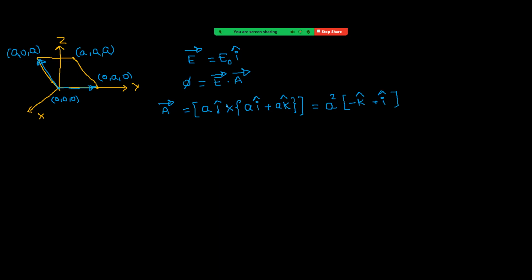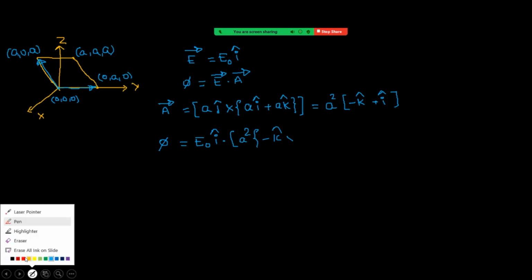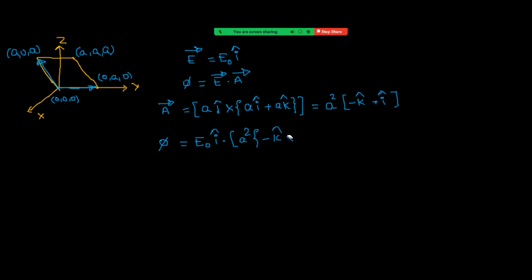Now substitute this in the flux. Flux phi equals E bar, E naught i cap, dot a square times minus k cap plus i cap.